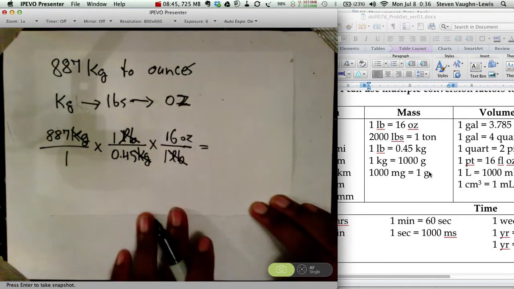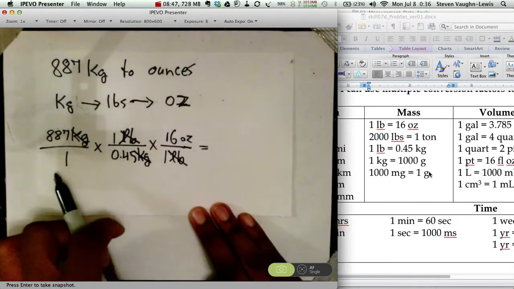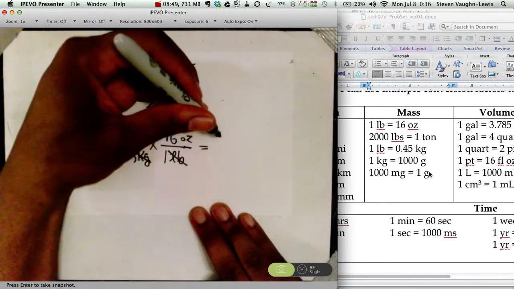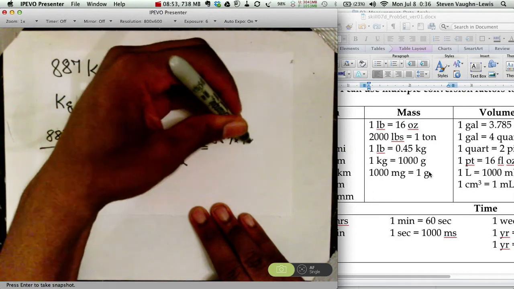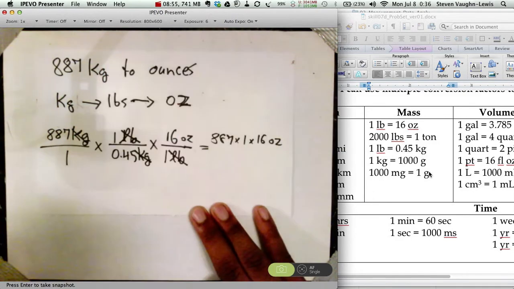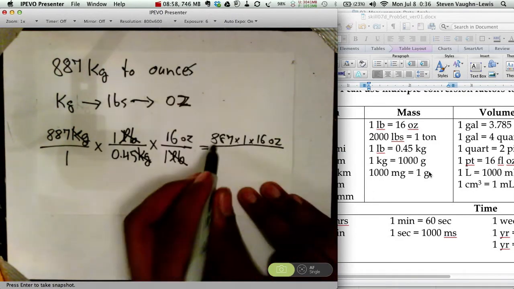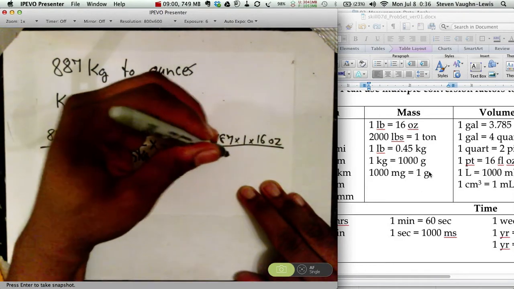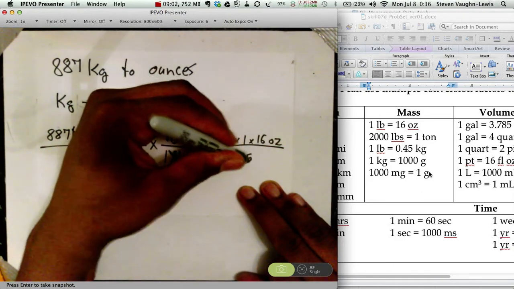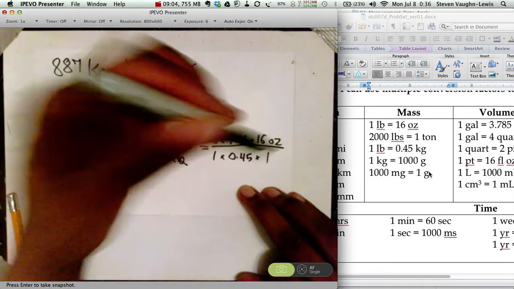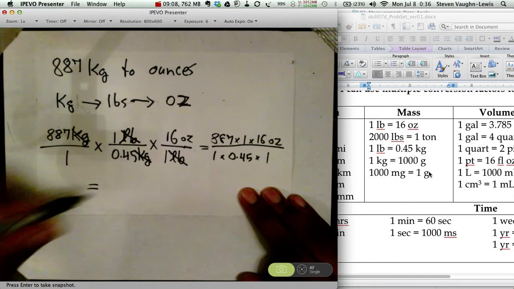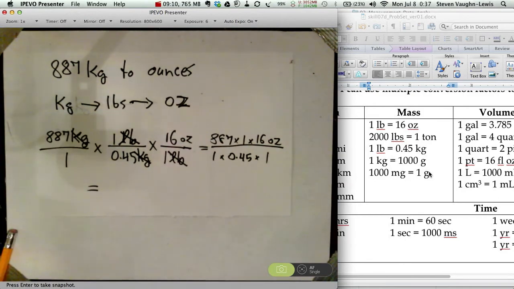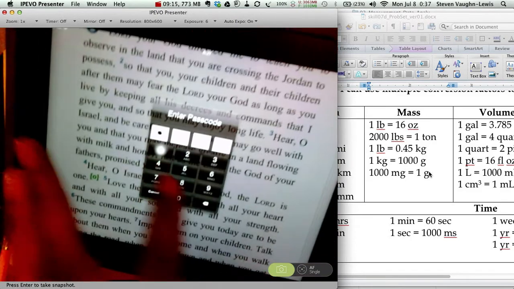Now, when we multiply fractions, we just multiply across the top, multiply across the bottom. So it's going to be 887 times 1 times 16 ounces divided by, multiplying across the bottom, 1 times 0.45 times 1. When we finish solving this out, I need my calculator again.